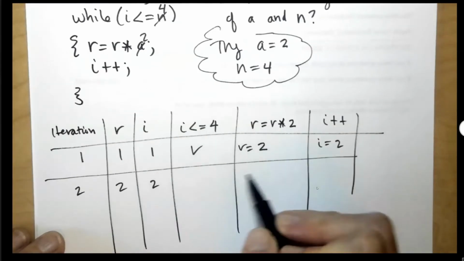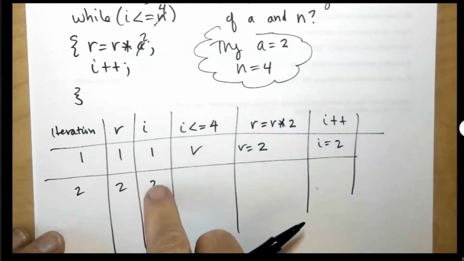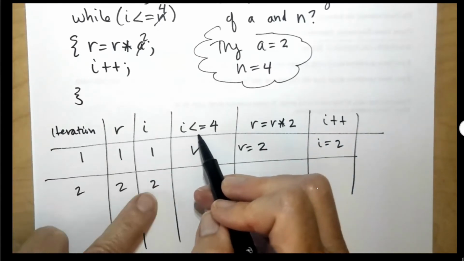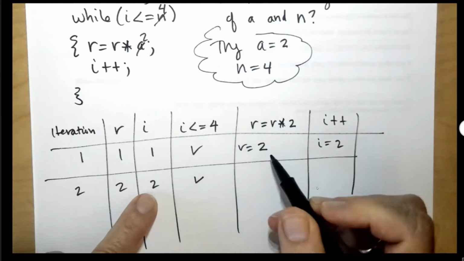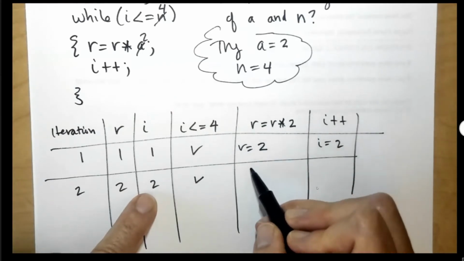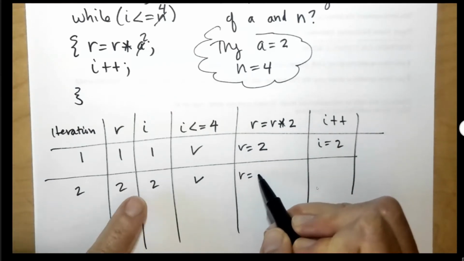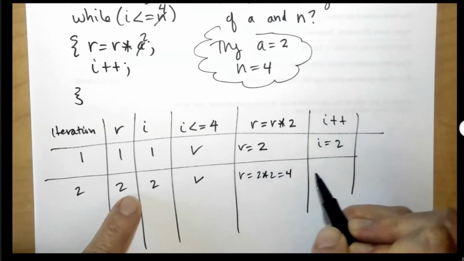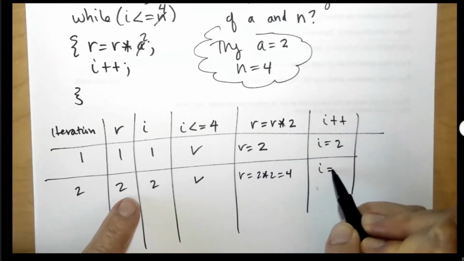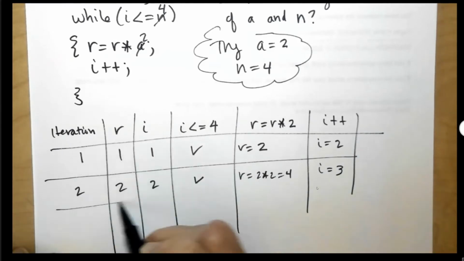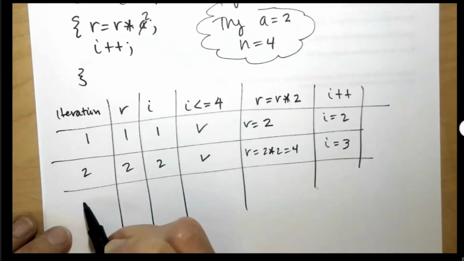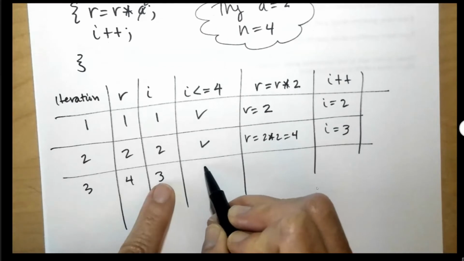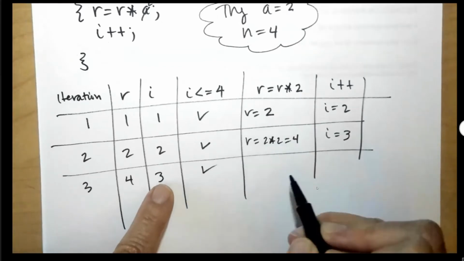So now R is 2, I is 2. Is I less than 4? Yes. R is now itself times 2, which is 4, and I increments to 3. So now we have iteration 3. We have R is 4, I is 3. Is I less than or equal to 4? Yes.